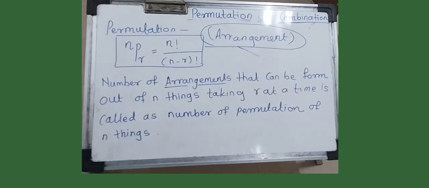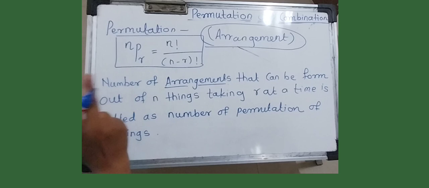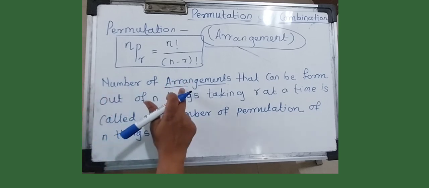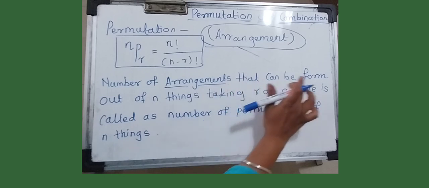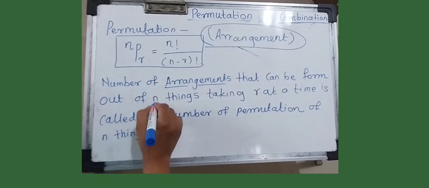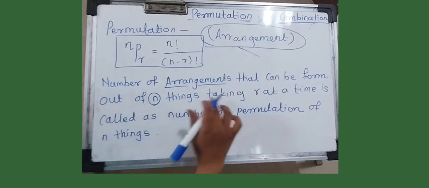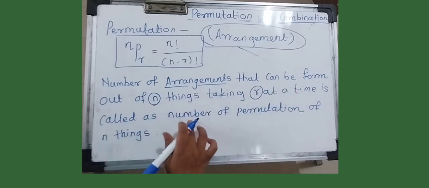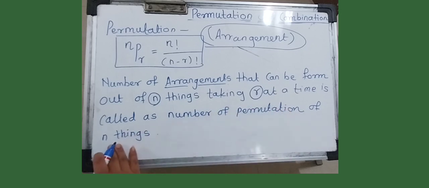Okay. See, definition always asks in exam. Okay, what is the definition? Number of arrangements that can be formed out of n things, taking r at a time, is called the number of permutations of the n things. Clear? And this is the formula.